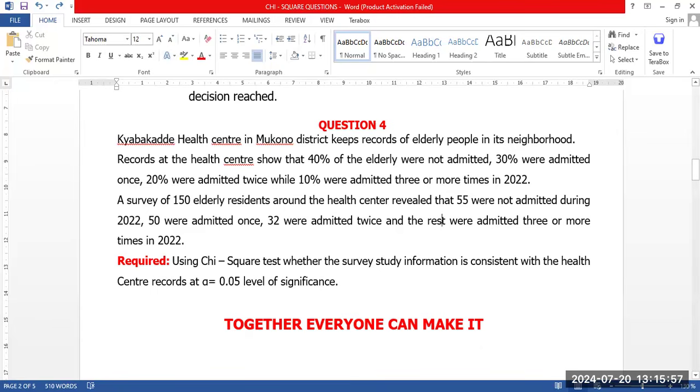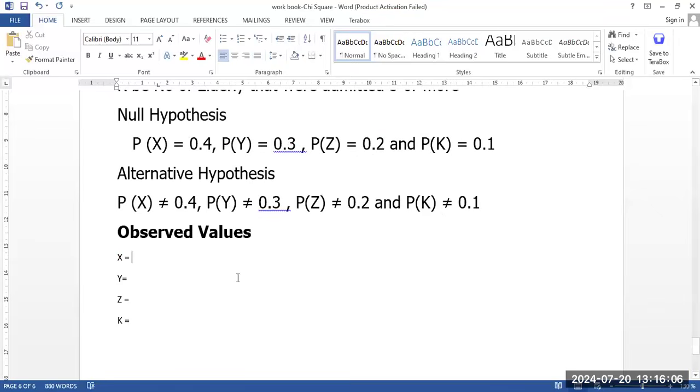We will now need to determine what is the rest. So we start here. X is what? 55. Then next, Y, 50. Then Z, 32. Can you get the rest? 13. How do you get the rest?